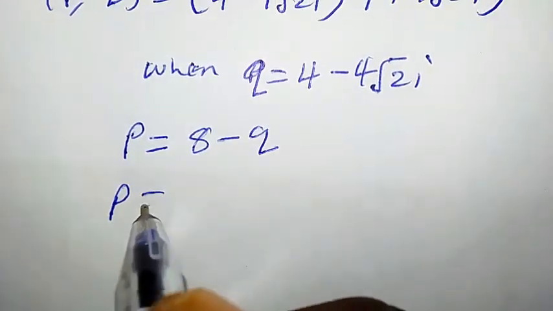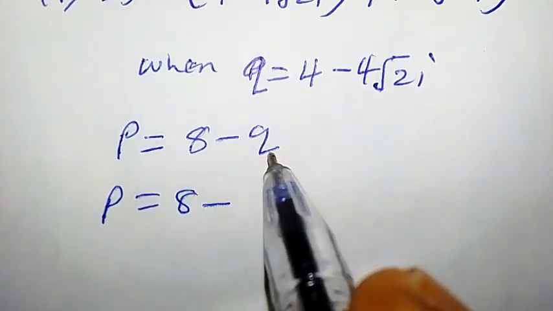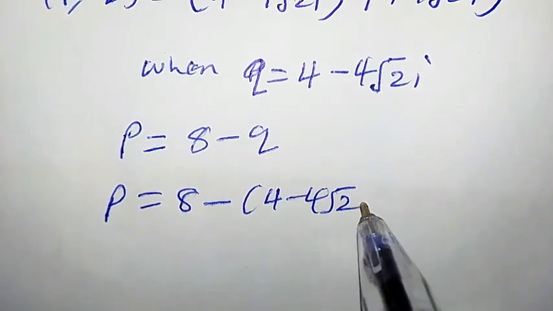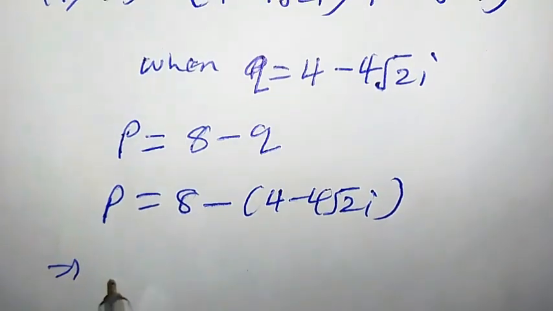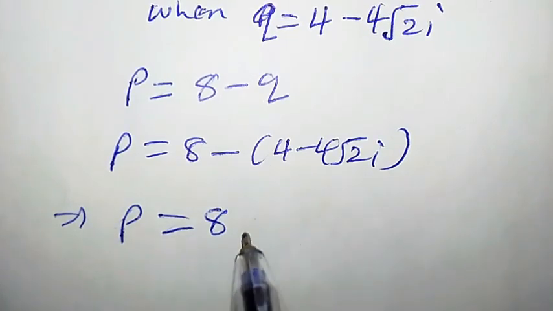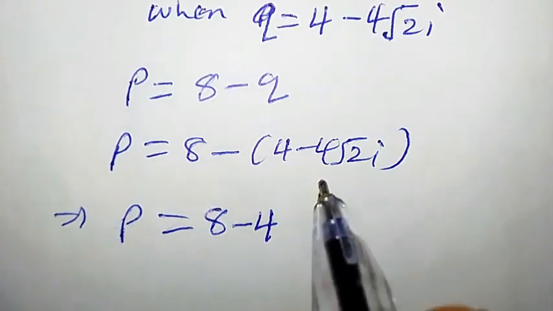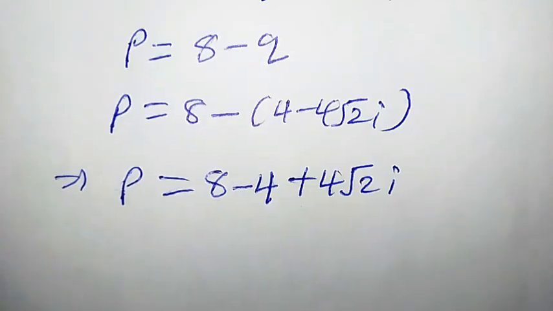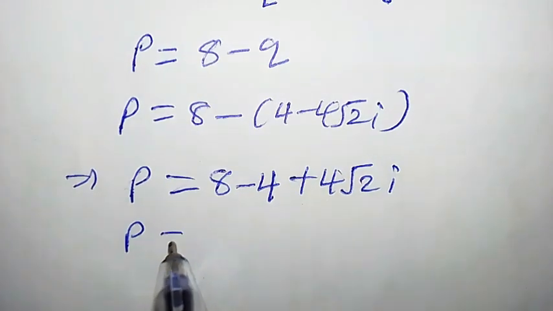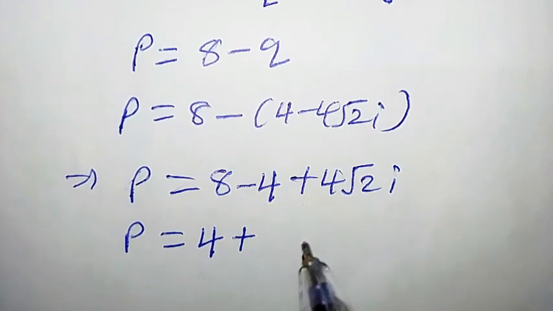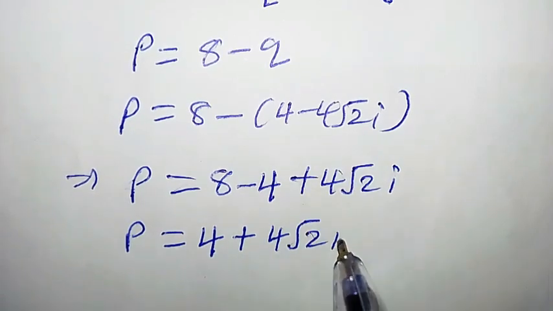So, P equal to 8 minus, what is Q? This is Q, 4 minus 4 root 2I. This implies that P equal to 8 minus times 4, that is minus 4, minus times this, that is plus 4 root 2I. So we have P equal to 8 minus 4, that is 4, plus 4 root 2I.